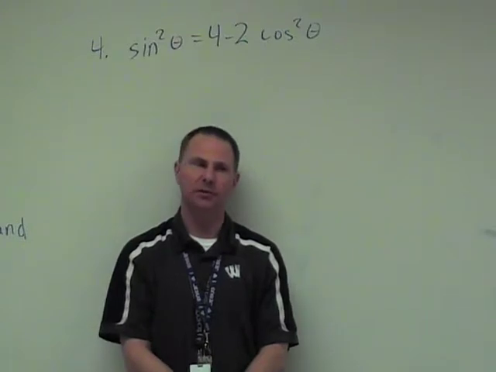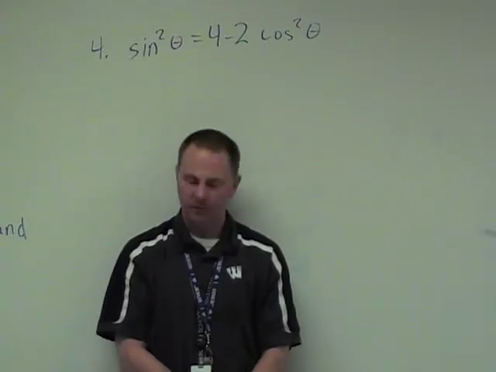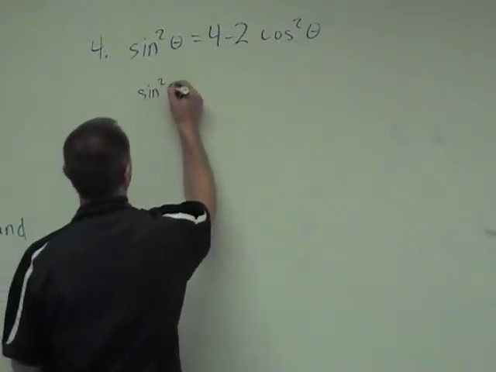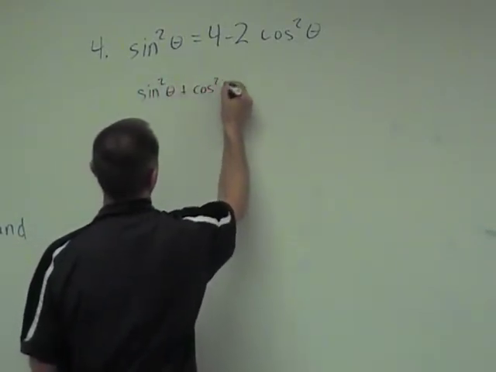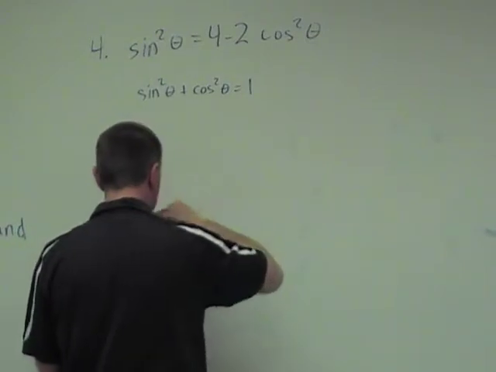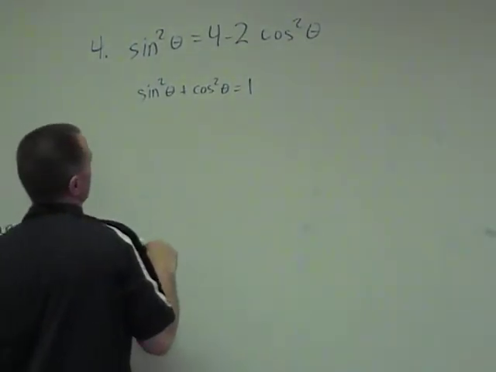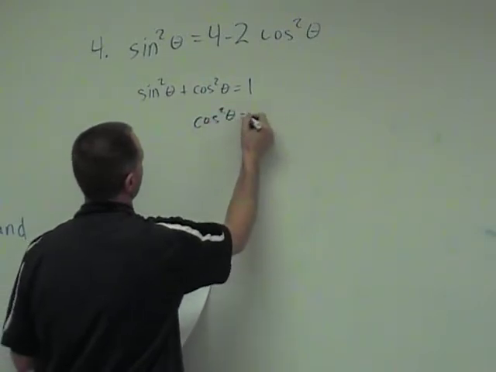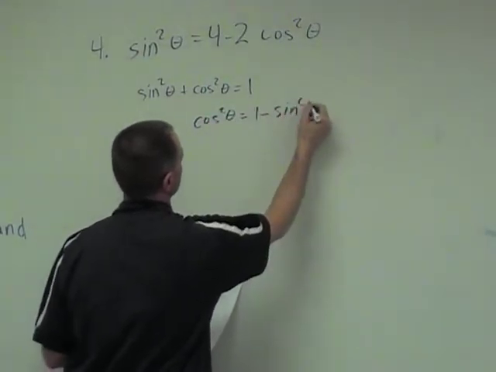You should know this one. Yeah. Sine squared plus cosine squared equals 1. Okay? Cosine squared equals 1 minus sine squared.